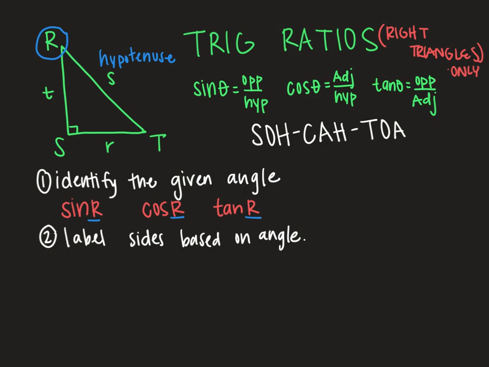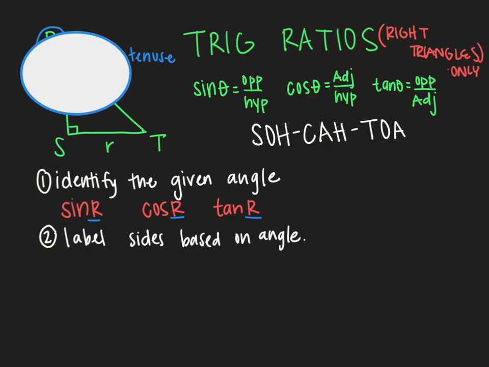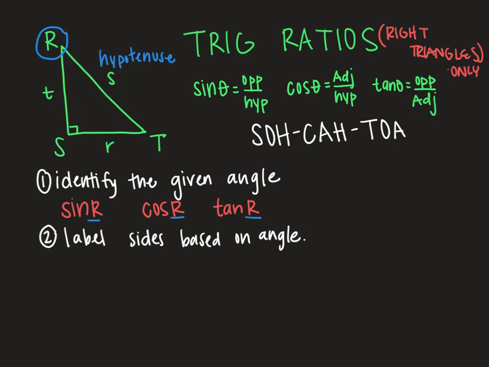Now, I have my two other sides, either my opposite or adjacent side. Based on my given angle, if I were to cover up my given angle so I couldn't see it at all, then the side that I don't touch is going to be my opposite side. Since I don't touch ST by covering up that angle, ST is going to be my opposite side. And the other side that borders our given angle is going to be my adjacent side, the only side I have left.